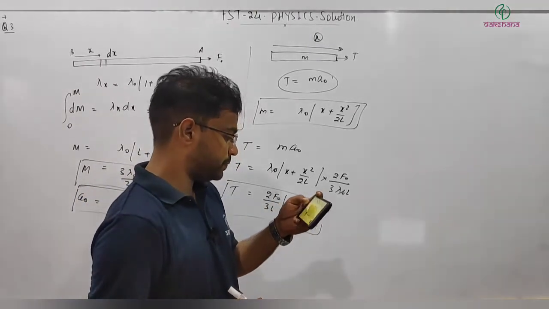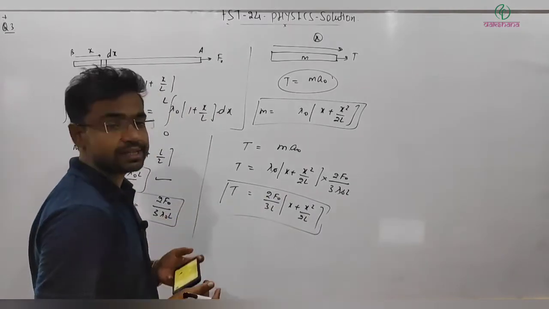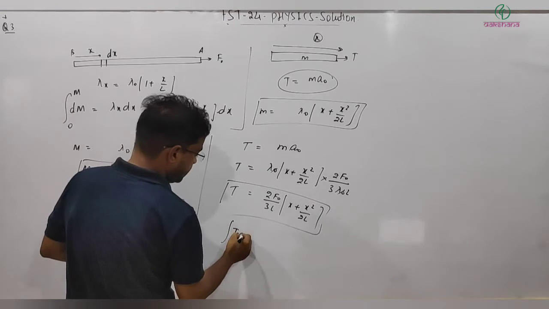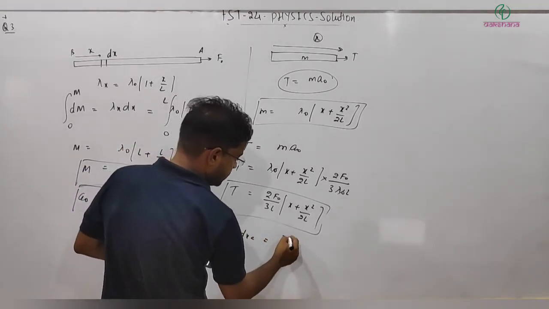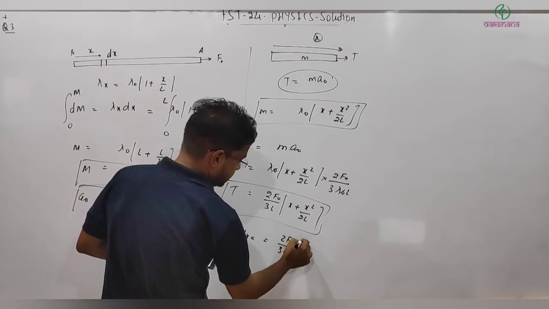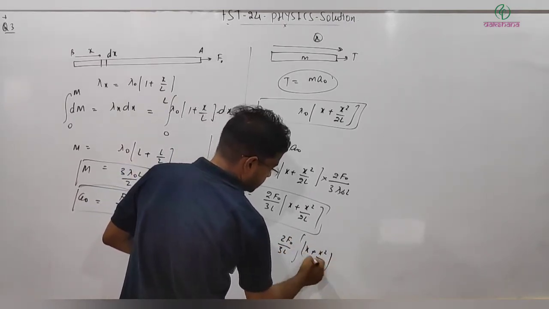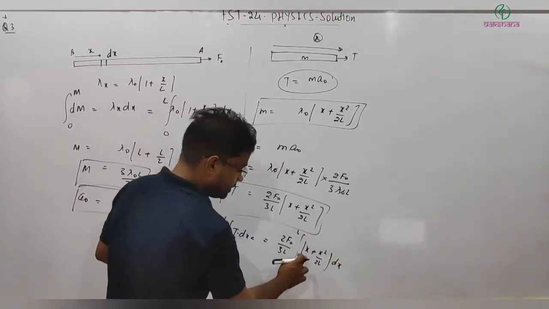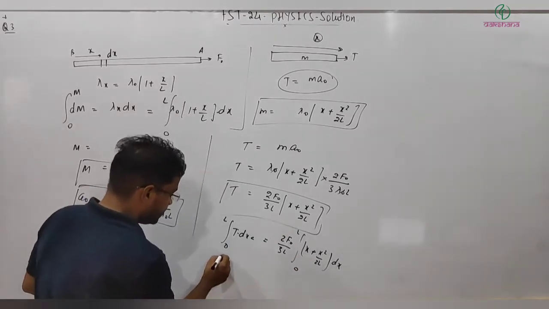Alright, it's asking about total tension. This is what we are getting, tension as a function of x. Then I can write the integral of T dx from 0 to L, which is 2 F naught divided by 3L times the integral of x plus x square by 2L, dx from 0 to L. So integrating it, it will be x square by 2 and x cube by 3, and substituting the values, we are getting this value.